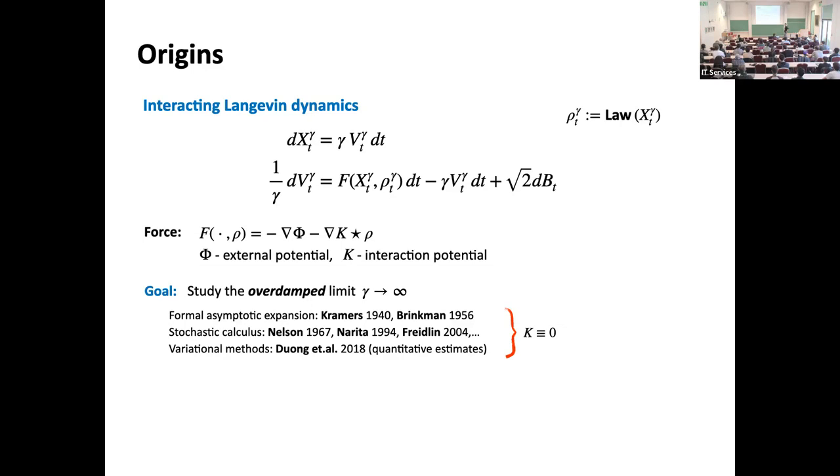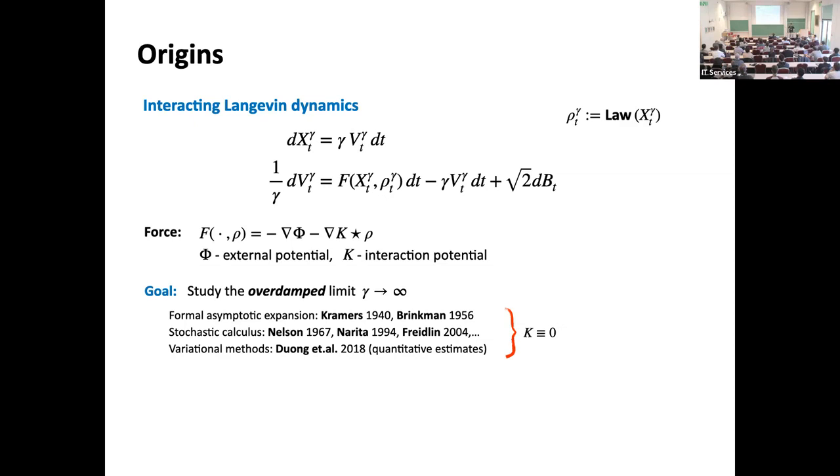Narita also took a similar approach using stochastic methods. Freidlin finally did the stochastic convergence, but also in the large deviation sense. So you also get convergence in probability, also almost sure convergence of these processes. And then much later, in 2018, Duong and his collaborators, and this was done in Eindhoven as well, took ideas from large deviation principles, wrote down a variational principle for these types of systems, and were able to pass to the limit, also providing quantitative estimates.